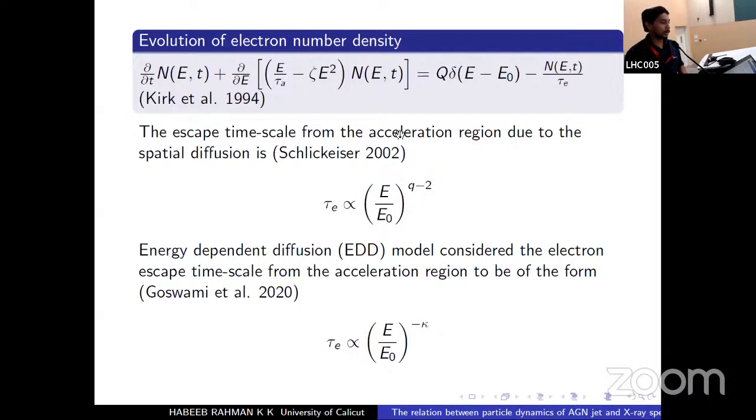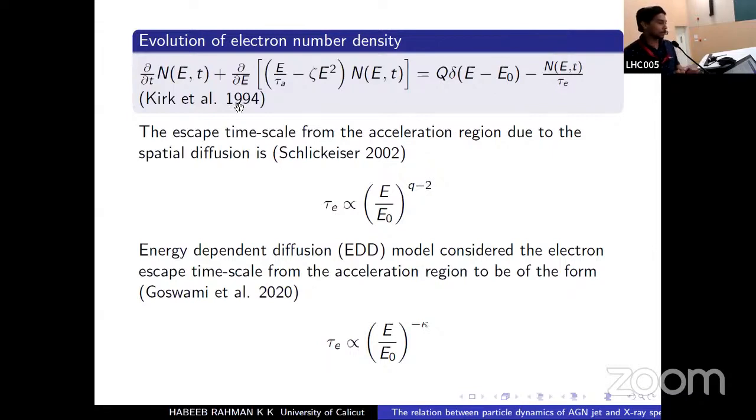On the right hand side, Q delta function represents the injected particles coming for the acceleration process, and the last term N by tau E represents the escape from the acceleration region.